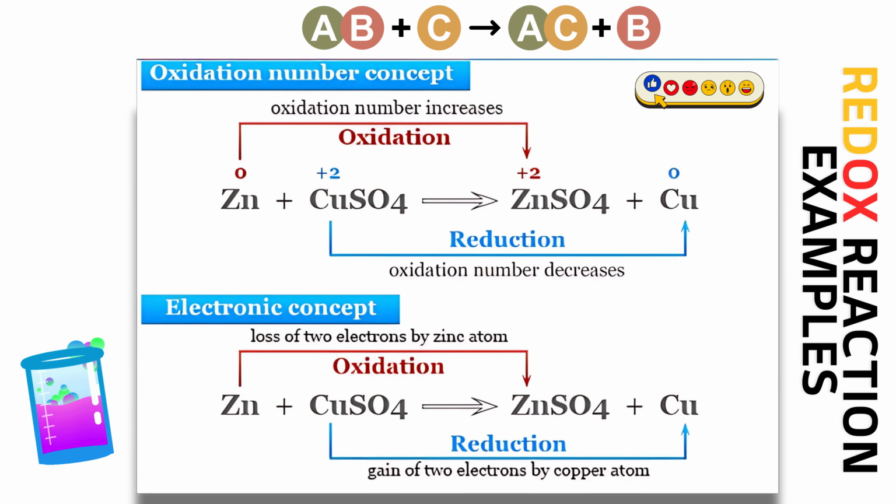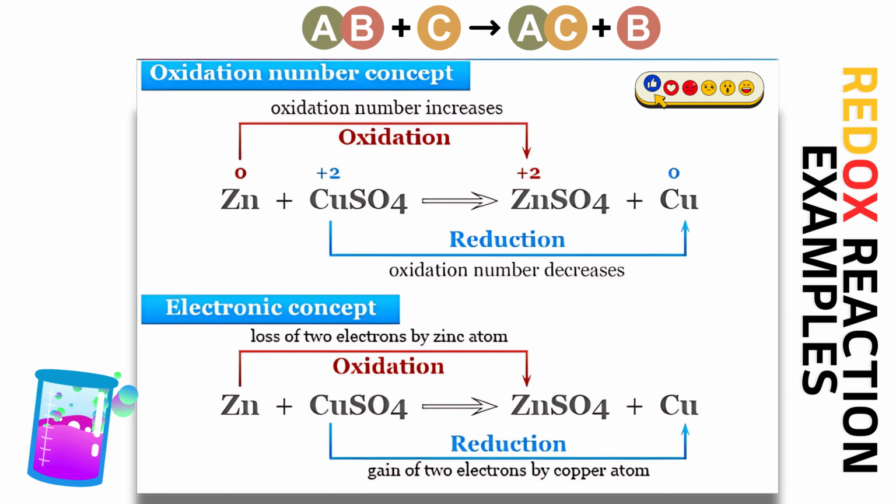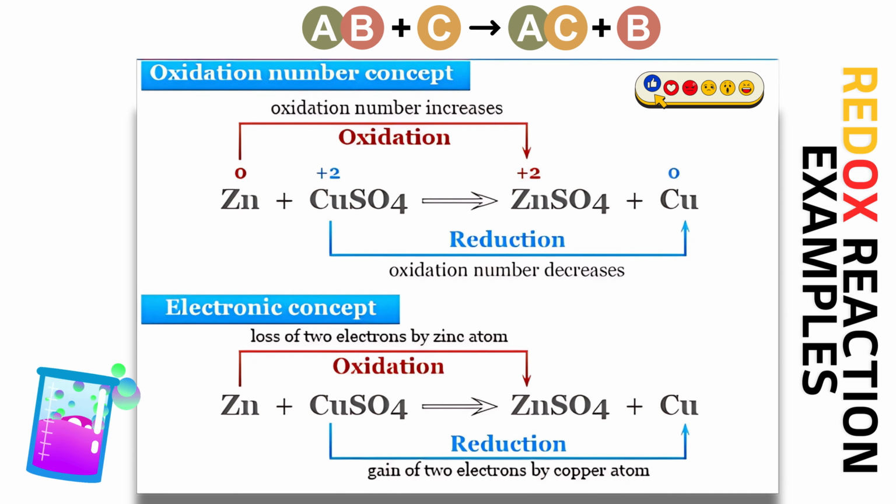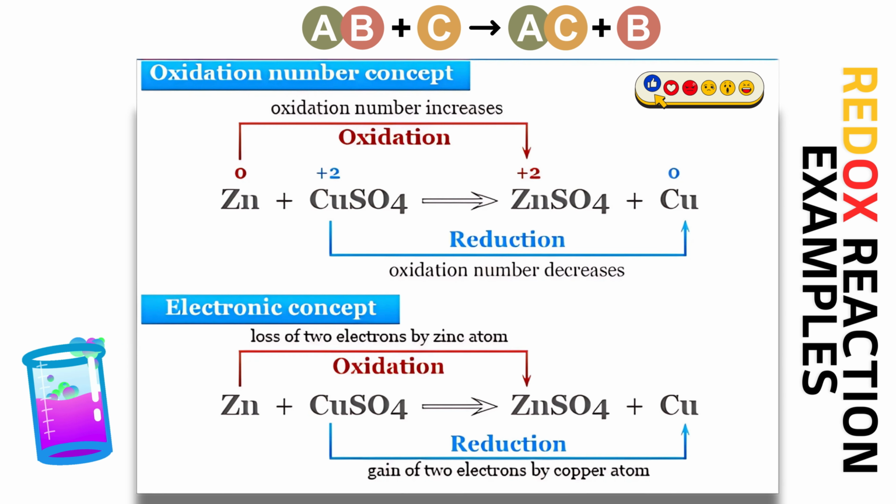Specifically, zinc undergoes oxidation, transitioning from its elemental 0 oxidation state to a +2 oxidation state, forming zinc ions, Zn2+. Concurrently, copper(II) ions, Cu2+, in the copper(II) sulfate solution undergo reduction, accepting electrons and reverting to their elemental 0 oxidation state, precipitating out of solution as metallic copper, Cu.